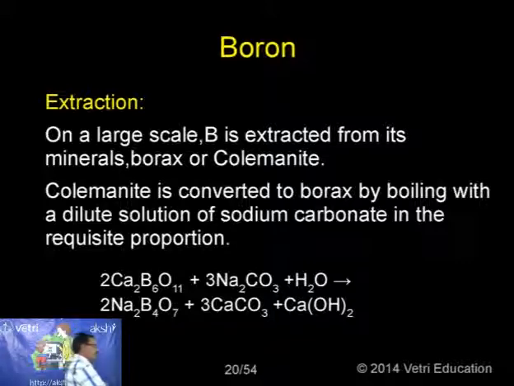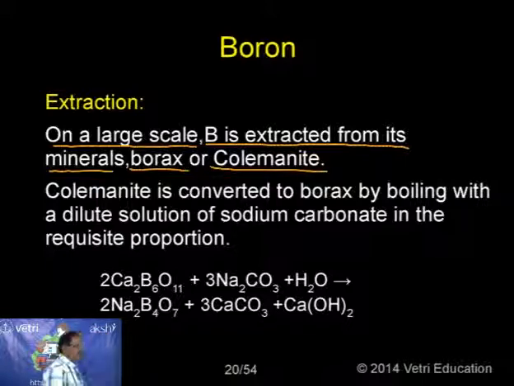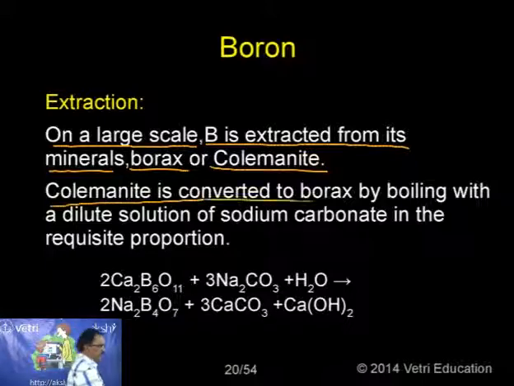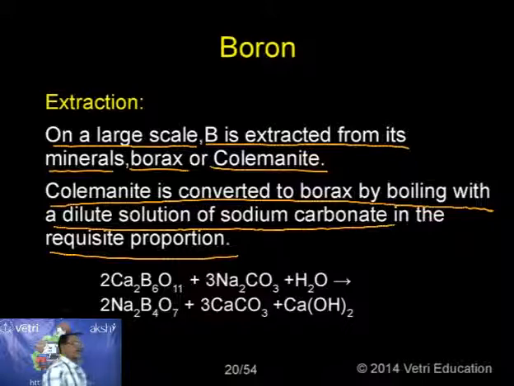On a large scale industrially, boron is extracted from its minerals borax or colemanite. Either from borax or from colemanite, I can extract boron. Kindly follow. Colemanite is converted into borax by boiling with a dilute solution of sodium carbonate in the required proportion.